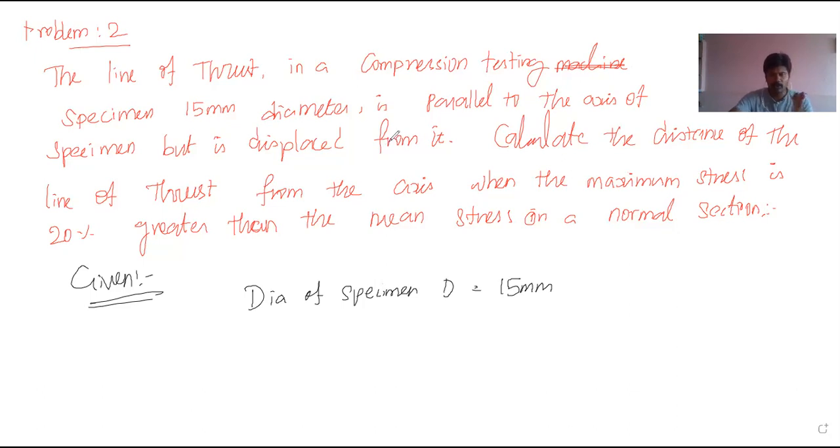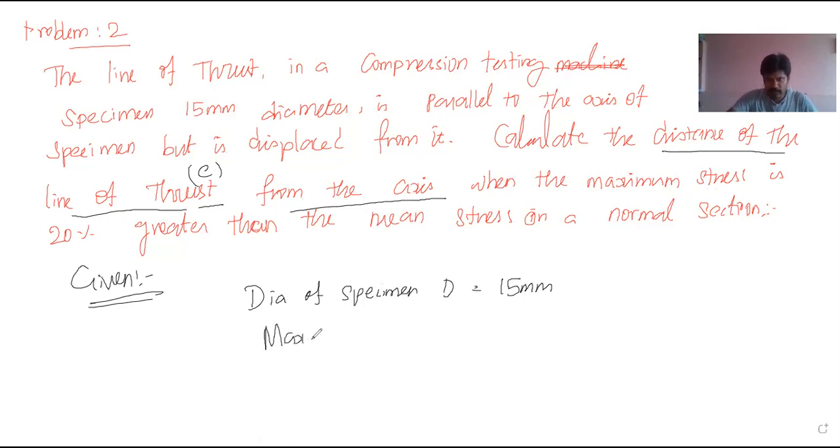So when I apply the load, it is displaced from its original position. Calculate the distance of the line of thrust, which is nothing but the eccentricity, from the axis when the maximum stress is 20% greater than the mean stress.